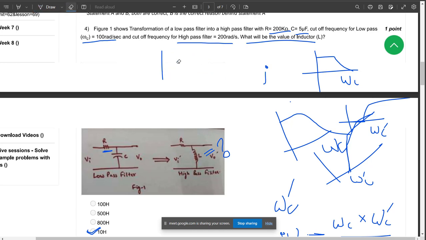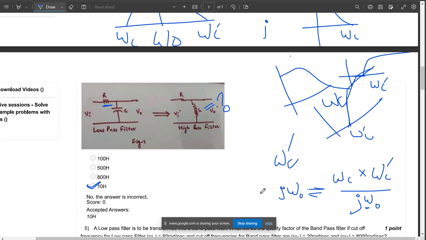When we are not talking about the passband here, yes, but I'm telling you something else. Here omega C and here omega C dash, and this is a center frequency which is omega naught.